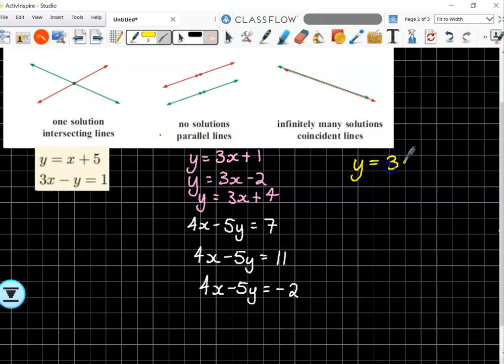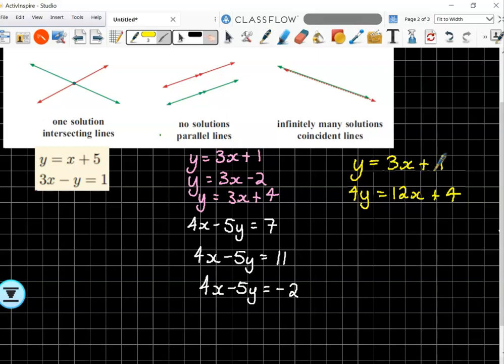So we'll take the 3x plus 1 again. A coincident line would be... I've just multiplied every single term by the same number, in this case 4. Right?